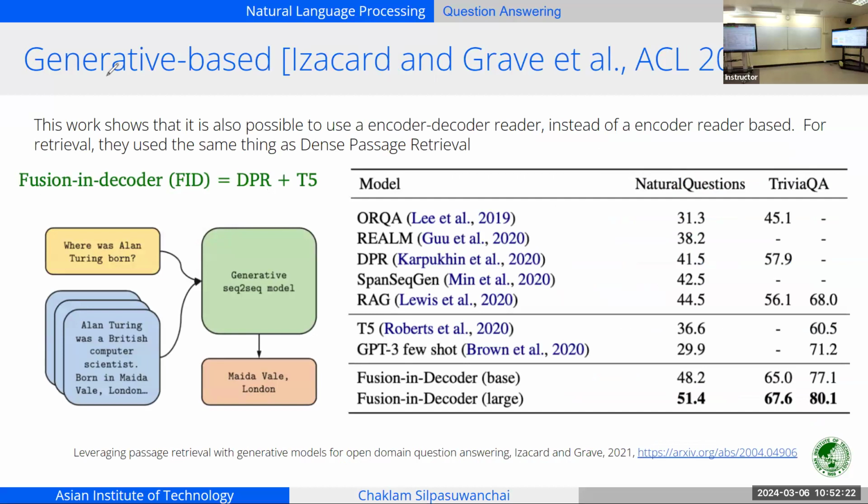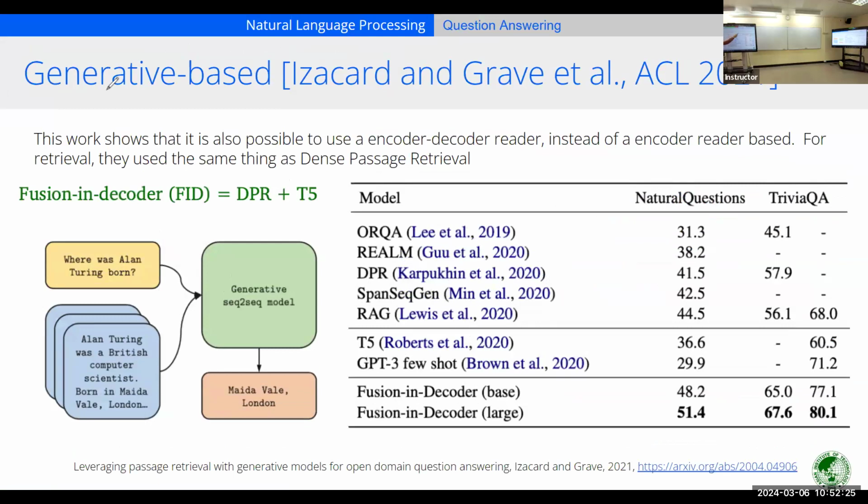For the retriever, they are still using DPR, but for the reader, they are the first to try an encoder-decoder reader, and basically they just use BART. And they found that it also worked. So this is the main story of this paper.